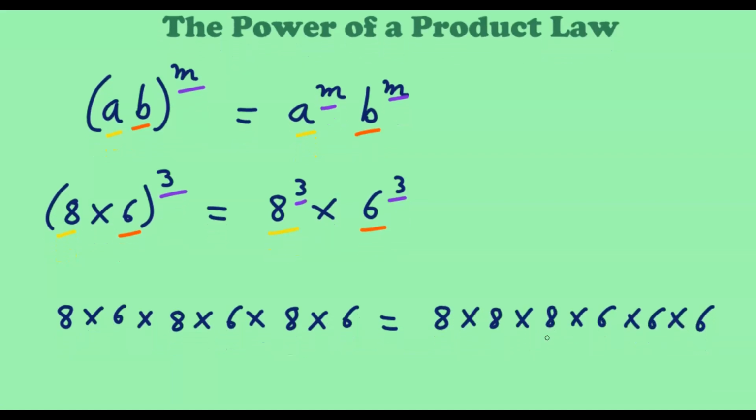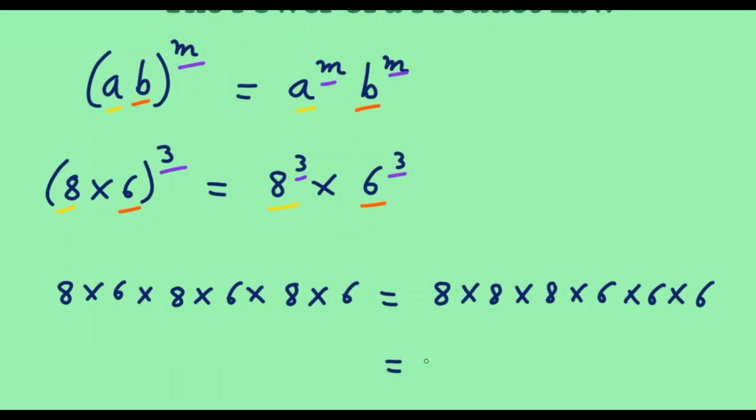So we have 8 multiplied by itself 3 times. So we end up with 8 to the power of 3. And we multiply that with 6 multiplied by itself 3 times. So that's 6 to the power of 3. So we end up with 8^3 times 6^3, and that's exactly what we got previously. And so this is why the power of a product law works.